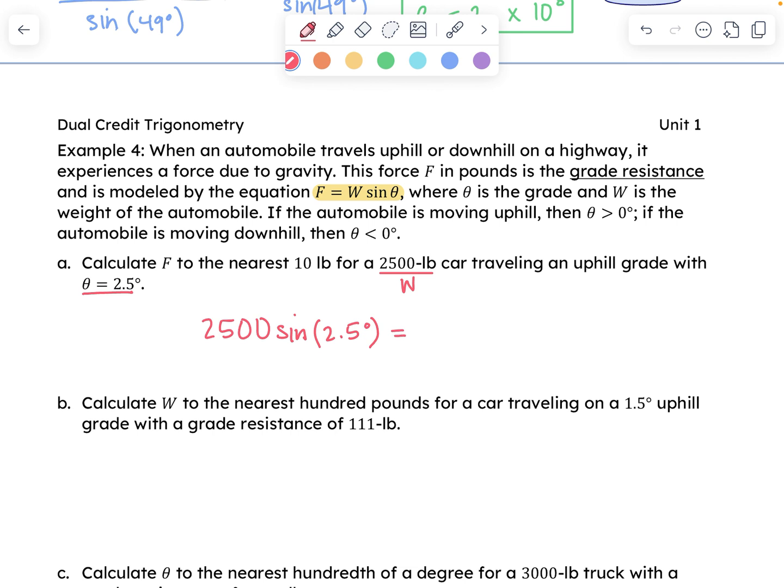Okay, when I plug all of that in, my calculator spits out 109.048464. It tells me to round my answer to the nearest 10 pounds. So 109 would round up to 110 pounds.